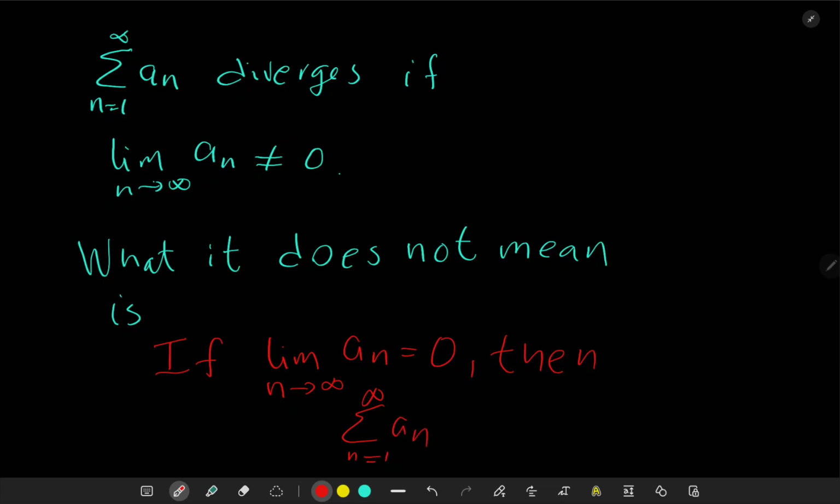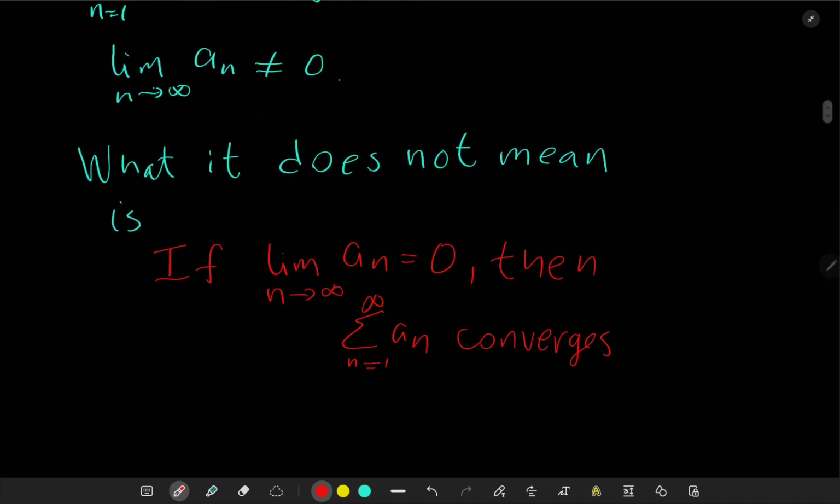So the negation of this implies the negation of that. Well, that's not true. So this statement is not true.